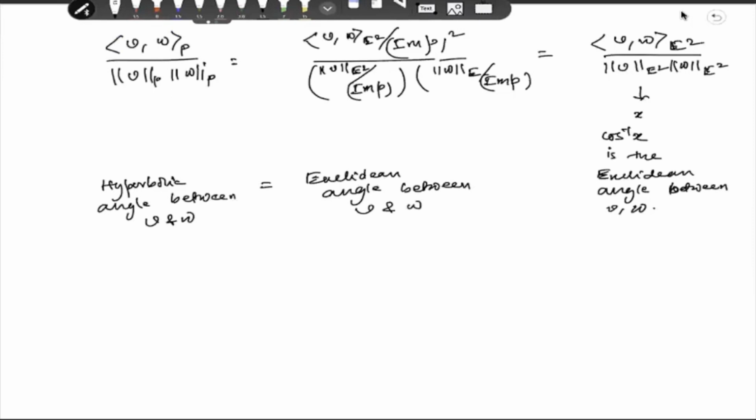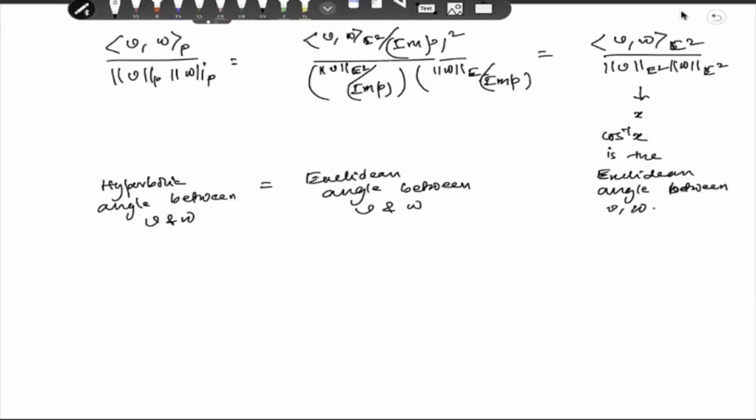Also note that we have proved that the isometries of this upper half plane are conformal with respect to the Euclidean angle, and so they also preserve the hyperbolic angle. Therefore, the isometries of the upper half plane are also conformal with respect to the hyperbolic angles.